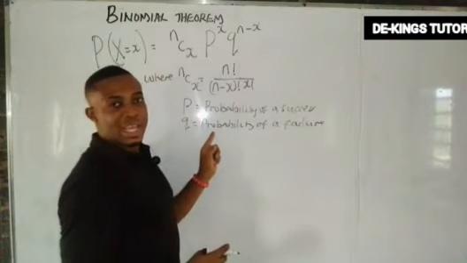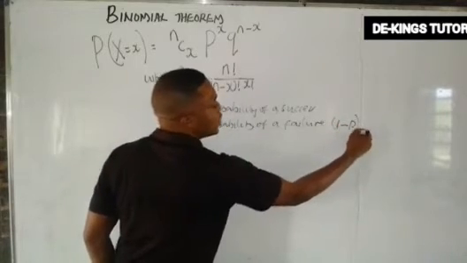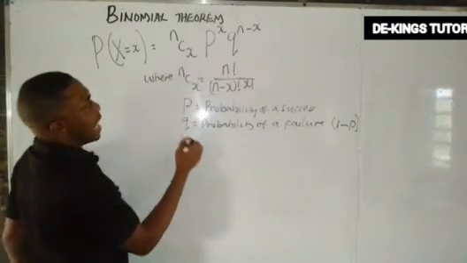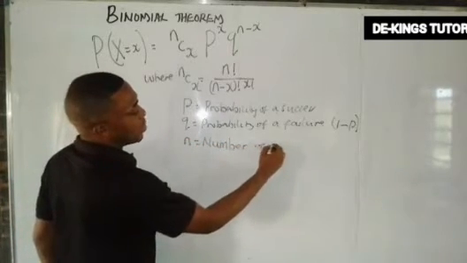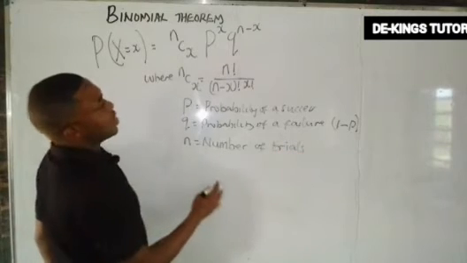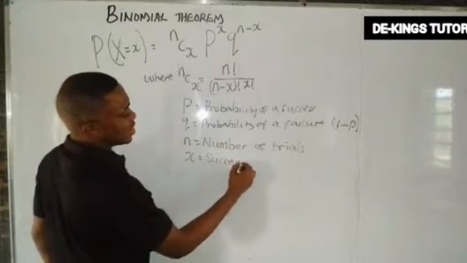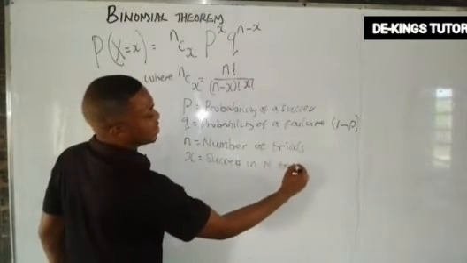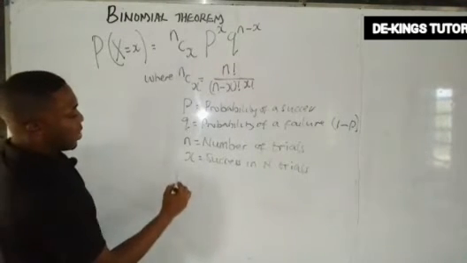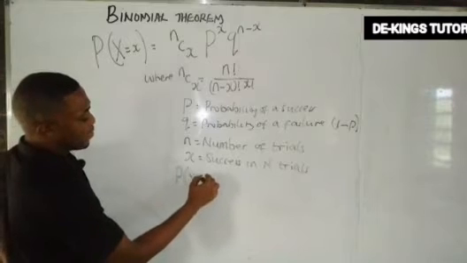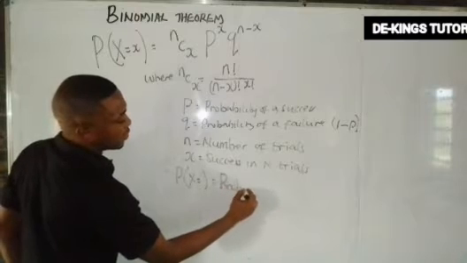When you know your P, you can get your Q. So Q is given as 1 minus P. Then N is the number of trials, and X is the success in N trials, while the probability of X here is given as the probability of a random variable.